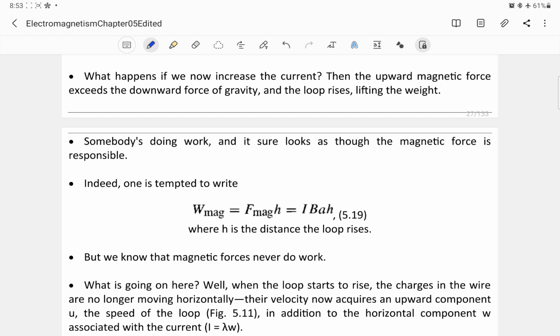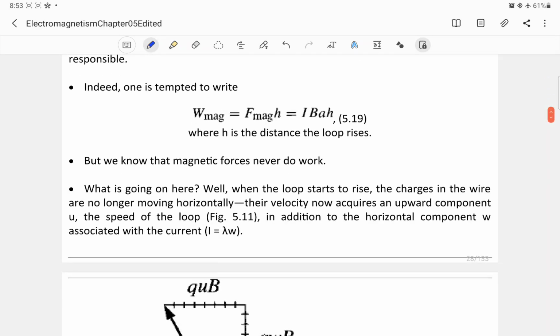It's really the work done by the battery that you're talking about. It's not of the magnetic force.